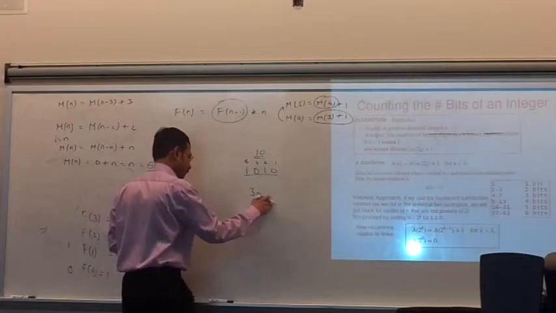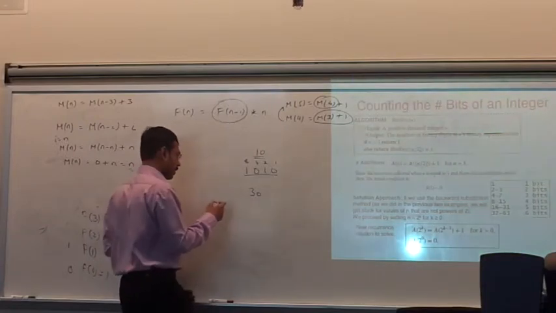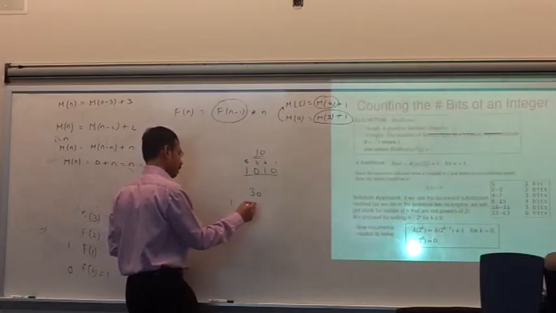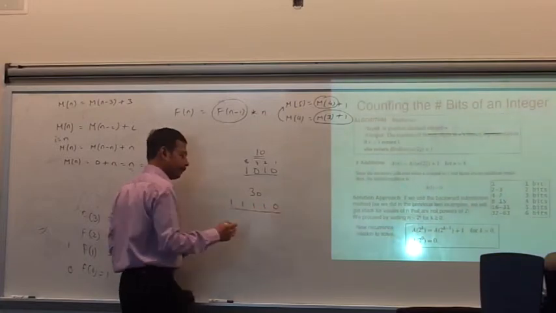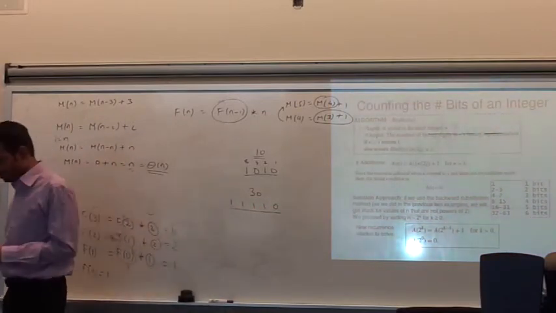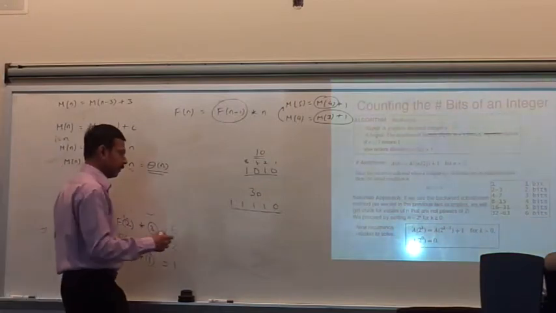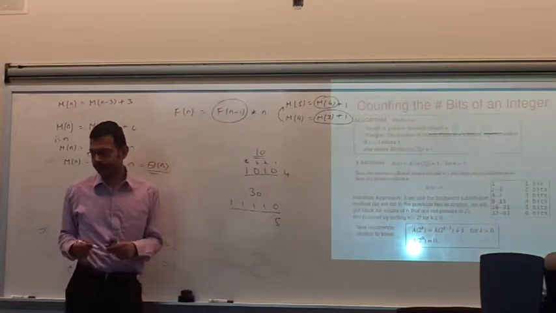Anyone say? 30 is 16, 8, 4, 2, 0. So there are 5 bits in the binary representation of 30. This is what we want. The final answer is 5. Here it is 4 and so on.